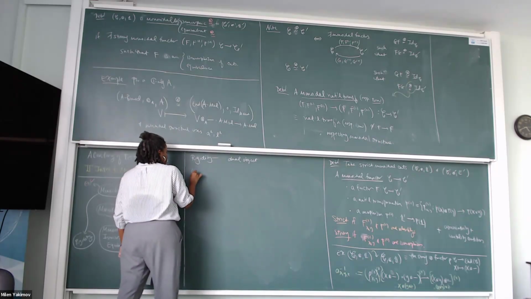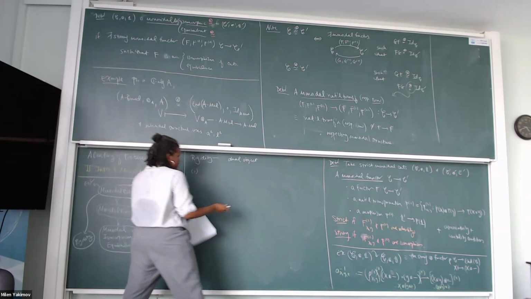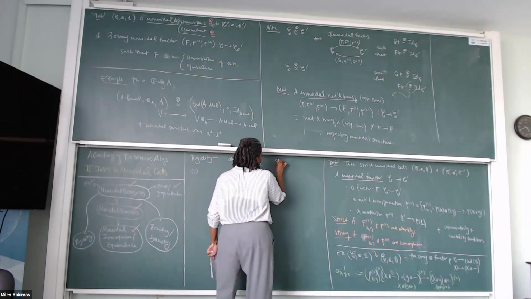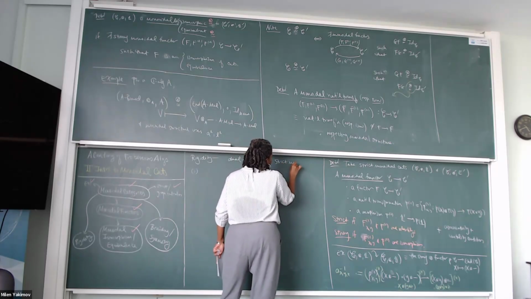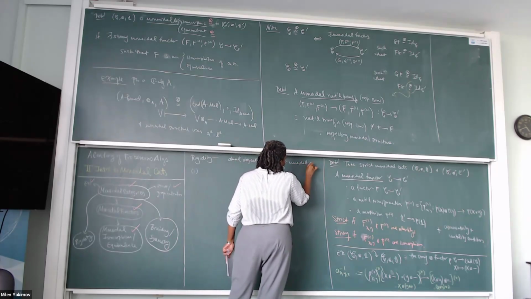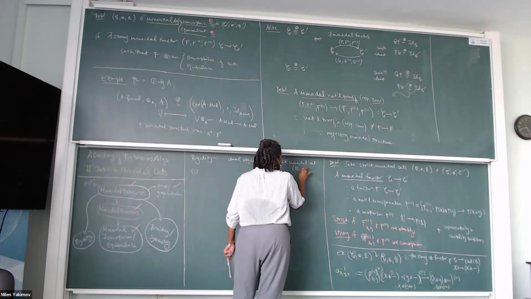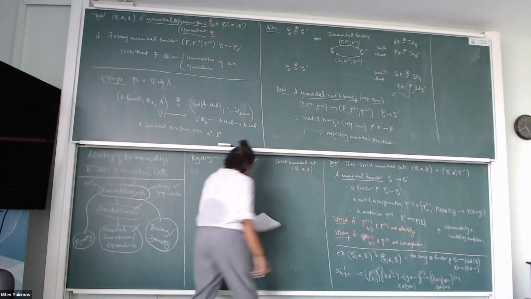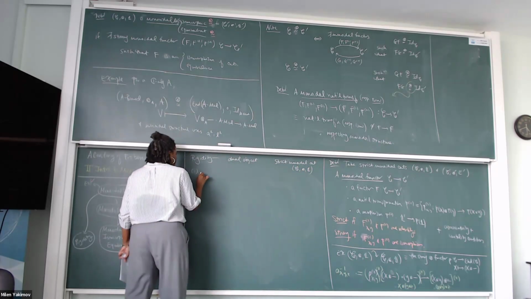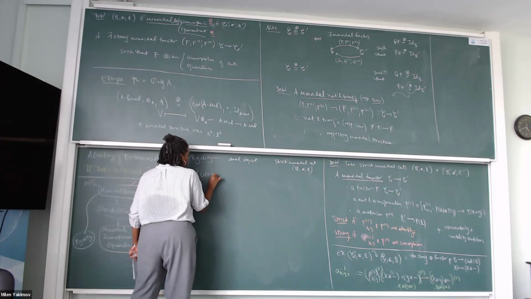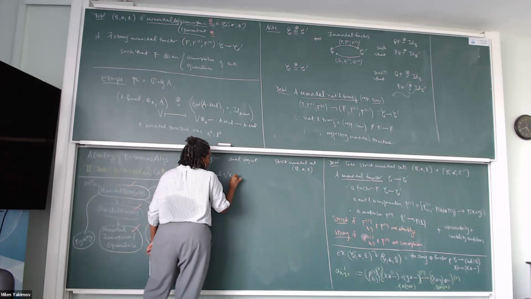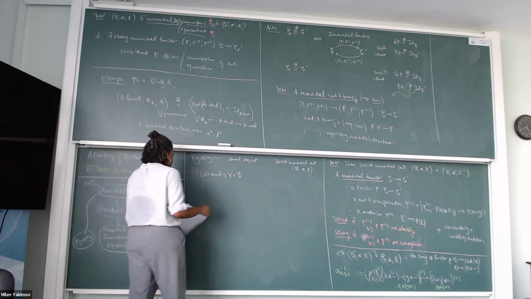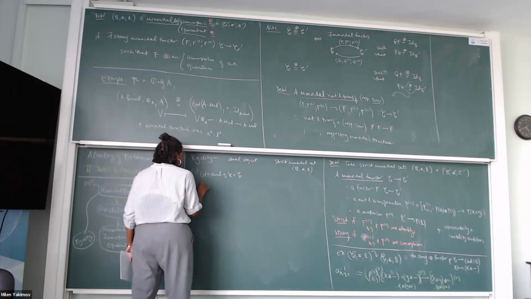Okay, so basically this pertains to dual objects. Let's fix a strict monoidal category C. And I'm going to say that a left dual of an object X in C is a bunch of data.